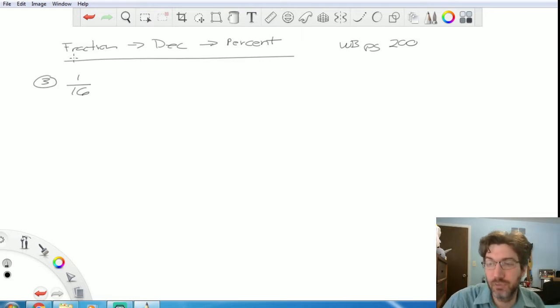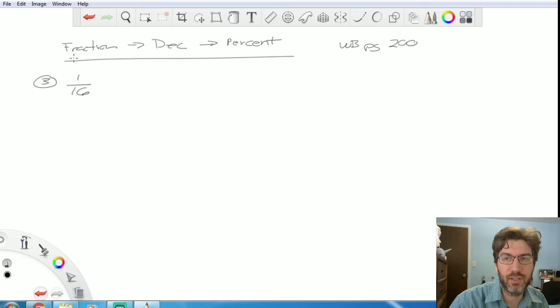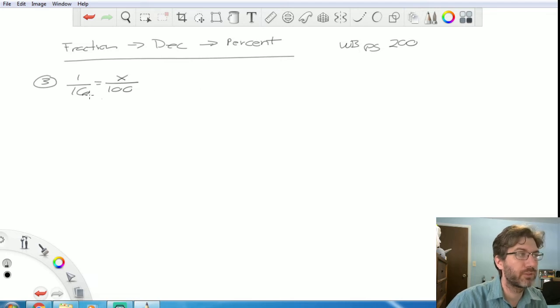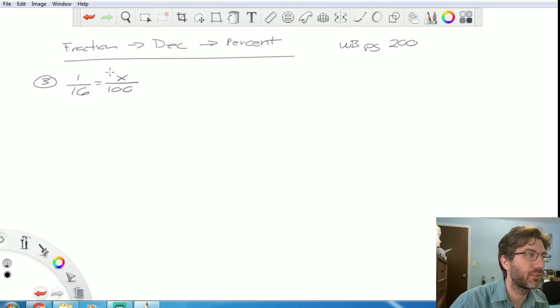It wants you to turn it into a percent, but doesn't want you to write the percent with a decimal. It wants you to write the percent with a fraction. That's all that means. So we want to make this a percent first. So we can go ahead and make that a percent by cross multiplying, because again, percents are parts of 100, so your denominator is always going to be 100, and your percent's always going to be on top.